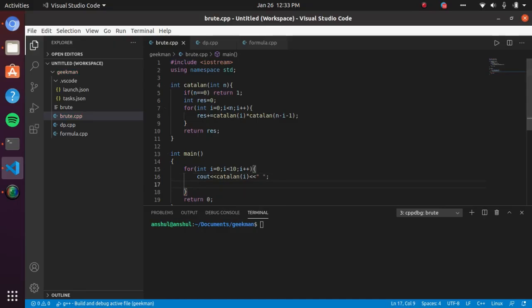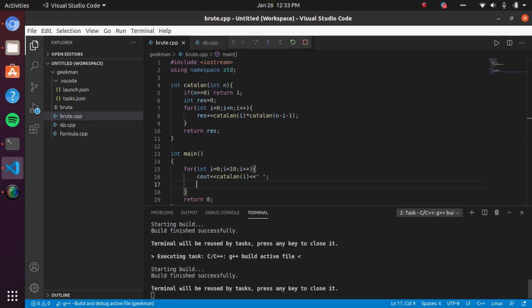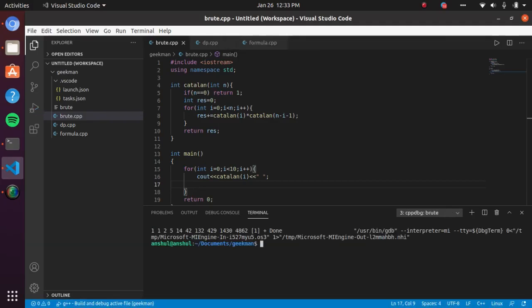So let's run it and see whether it works for us or not. It's building, very good. It's working, and you can see that 1 1 2 5 14 42, the series we have discussed, it is giving us the same result.